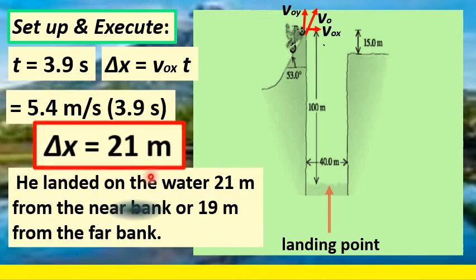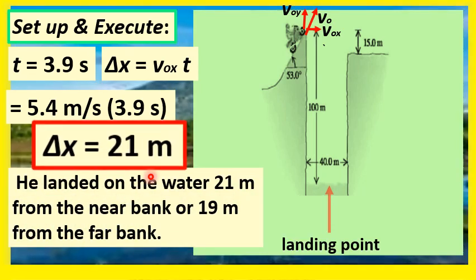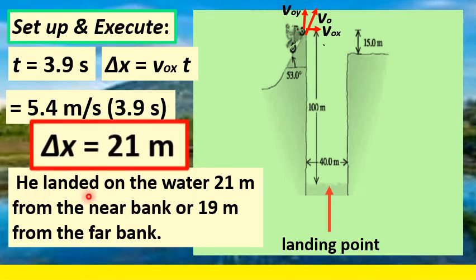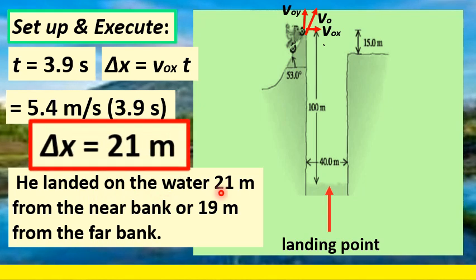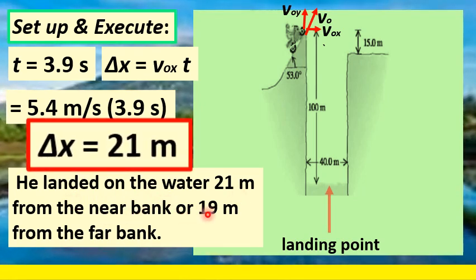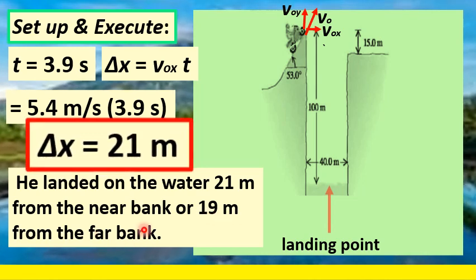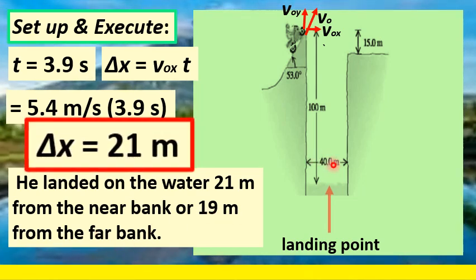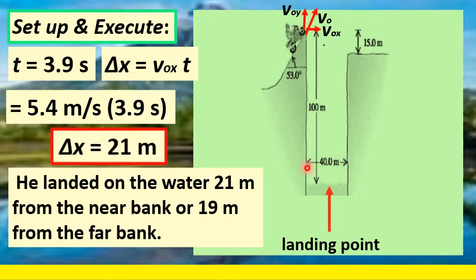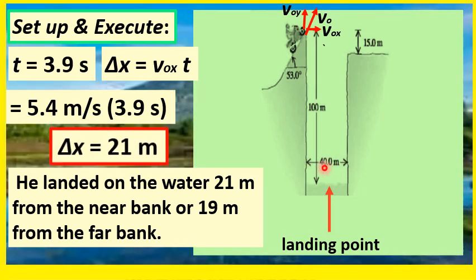Therefore, we can describe our final answer: the cyclist lands on the water 21 meters from the near bank, or that is 19 meters from the far bank, since the width of the river is 40.0 meters.